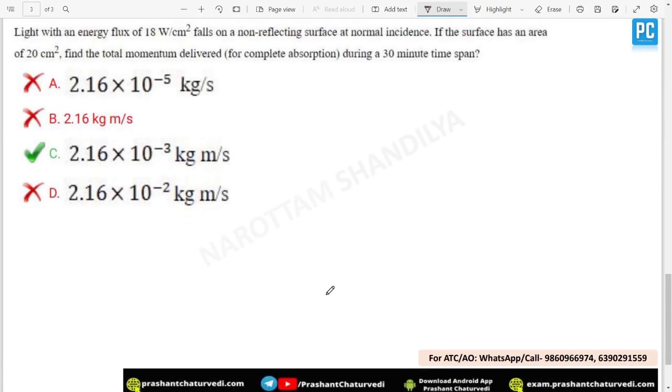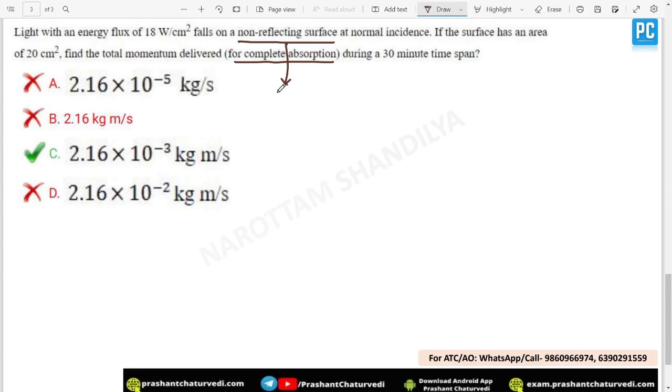Okay, now the next question. Light with an energy flux of 18 watt per centimeter square falls on a non-reflective surface. What is the use of non-reflective? It means complete absorption. Whatever light is falling on that surface, the whole energy is getting absorbed, or the whole momentum is getting absorbed inside that.